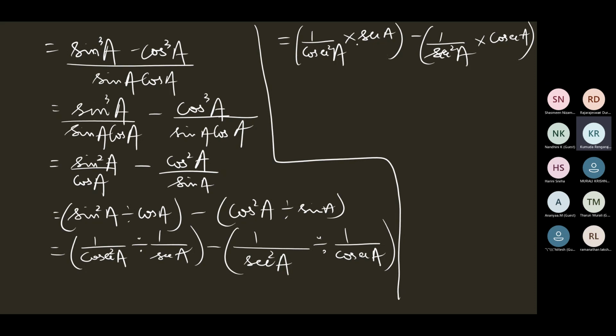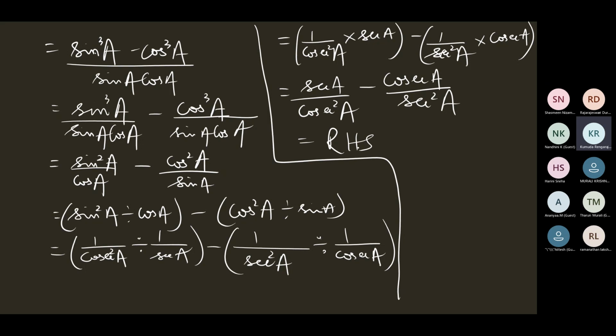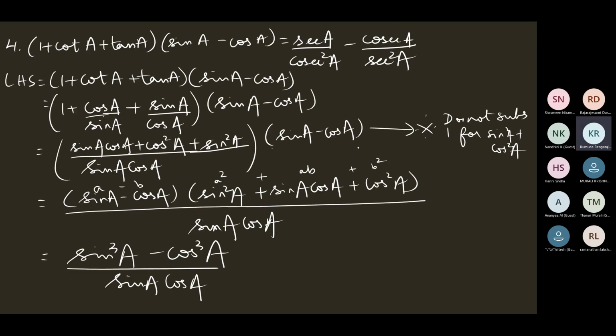That is equal to secant A by cosecant square A minus cosecant A by secant square A, which is the RHS. Yeah, please start writing.